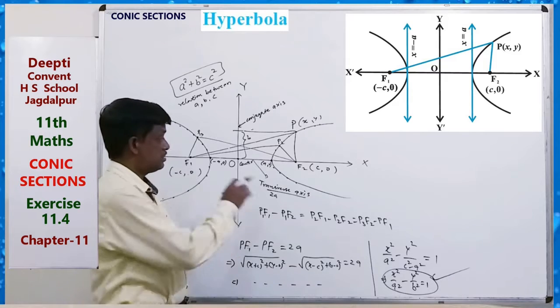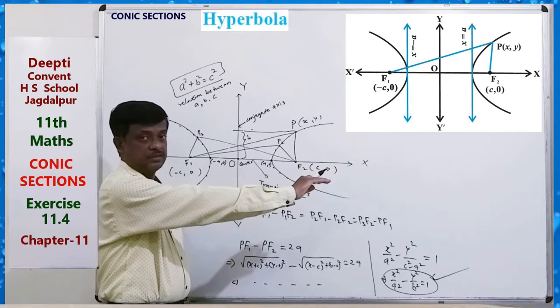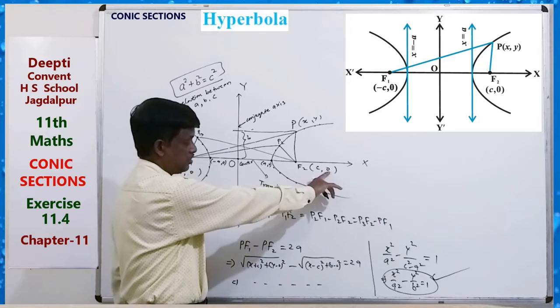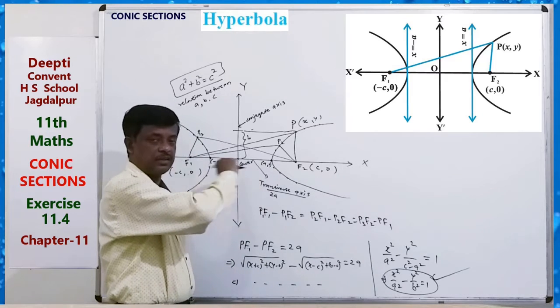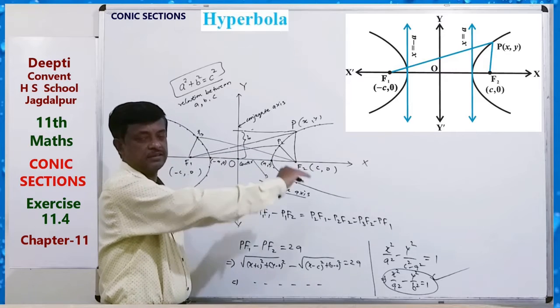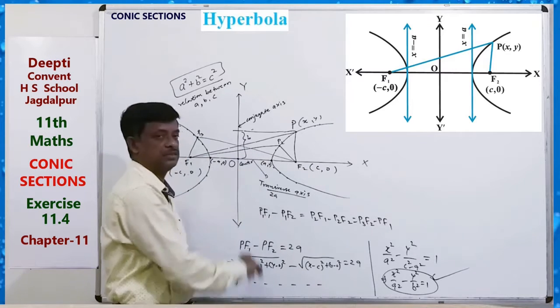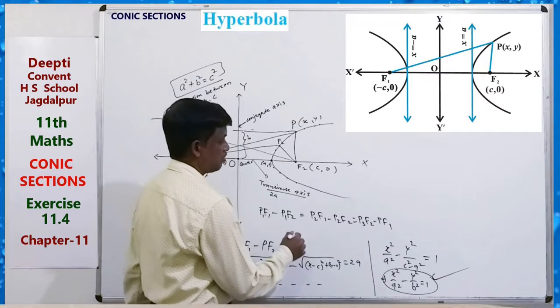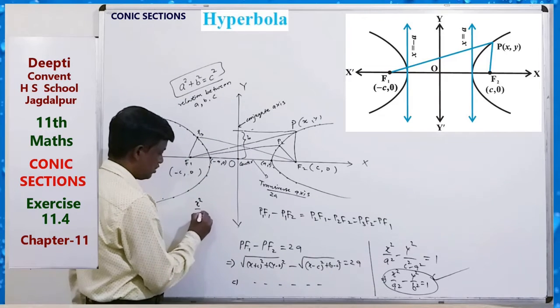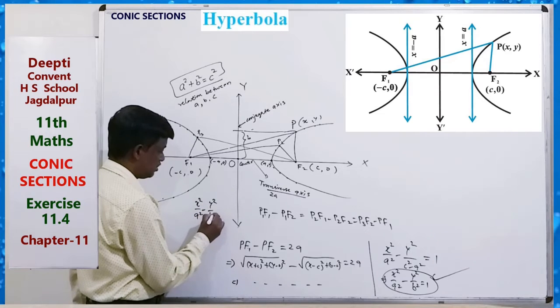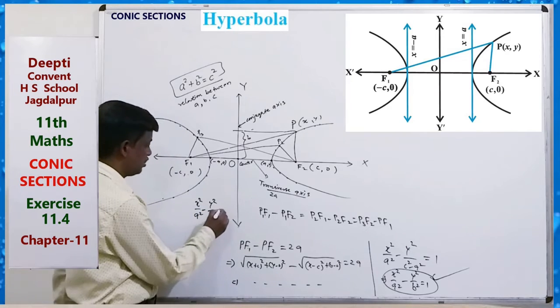When the transverse axis is along the x-axis, that is the foci's second coordinate is 0, then the transverse axis lies on the x-axis and the center is at the origin. The equation of the hyperbola will be x square by a square minus y square by b square equals 1.